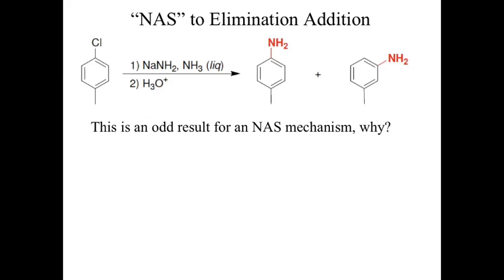Our NAS mechanism really only predicts the formation of that one, our direct substitution. So why on earth do we get this other substitution? That just seems so weird. And that's kind of the birth of our elimination addition.